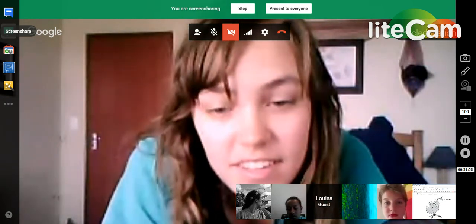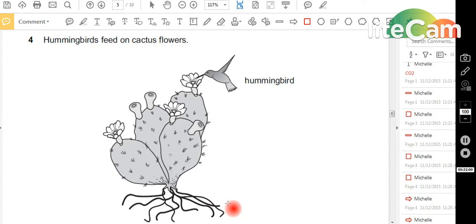Yes, go ahead. The hummingbird has a very long beak, so then he can feed on the cactus flower and he can't get hurt by the thorns. Well done. Very good. There's another adaptation. If you have a look at it here, is it sitting on anything? No. So what hummingbirds also do is they can hover.